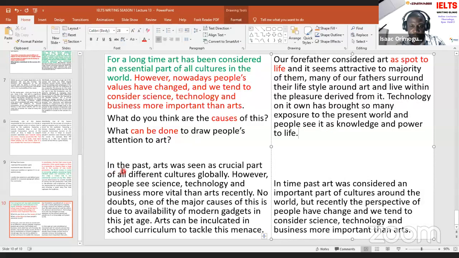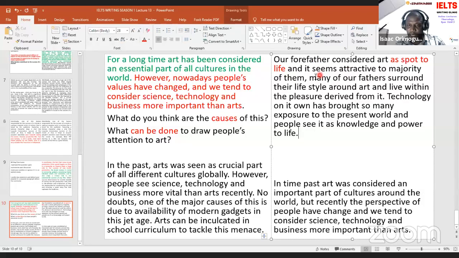This is the third person. The problem with this one is that you introduced many concepts that were taking you far away. Forefathers, fine if you introduce it. The issue was the fact that culture was, if you had told me that this was because our forefathers maybe in their own time, art was the thing that was trendy.